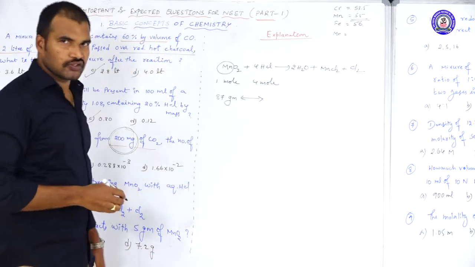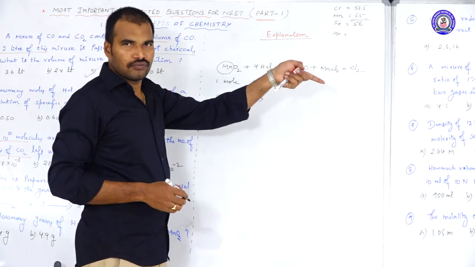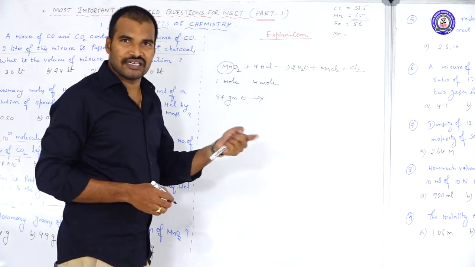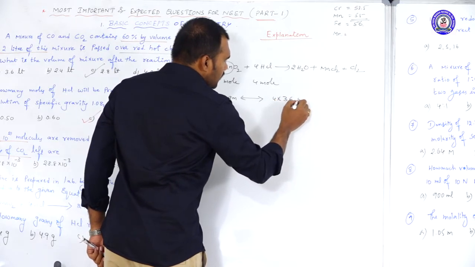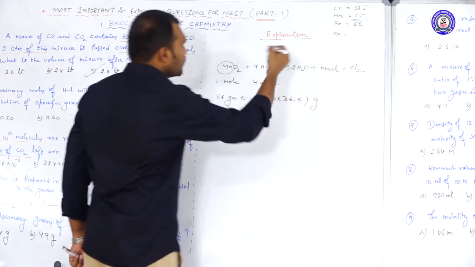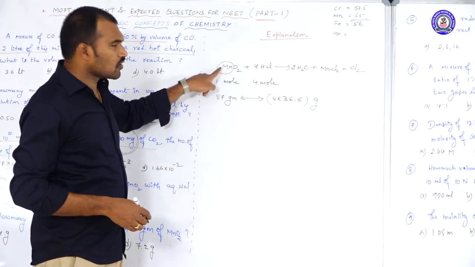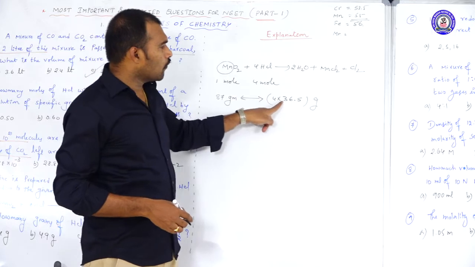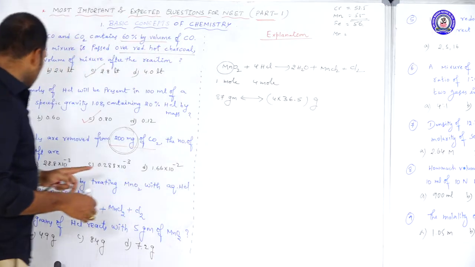87 grams consumes how many grams of HCl? 4 moles of HCl. What is the weight of 1 mole of HCl? 36.5. That is equal to 4 into 36.5 grams of HCl. Here once again, 87 grams of MnO2 consumes 4 into 36.5 grams of HCl. Then, what is the question here?